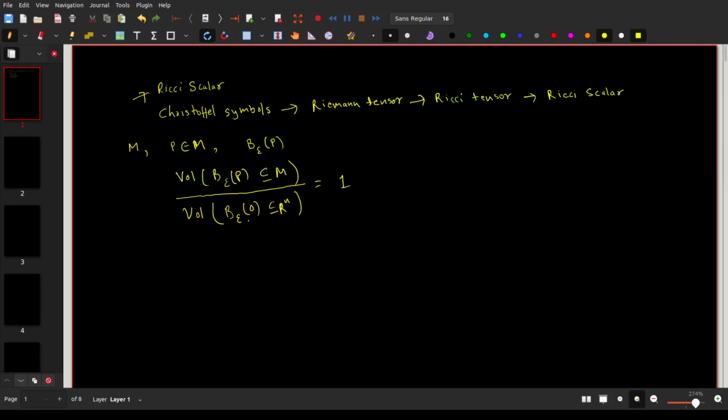There will be no term corresponding to the first order, but in the second order term we will have S epsilon square divided by 6 times n plus 2. Here S is Ricci scalar, and then we'll have higher order terms.